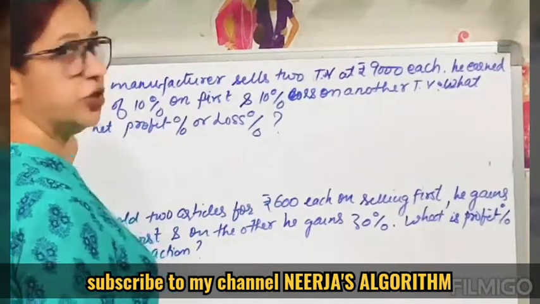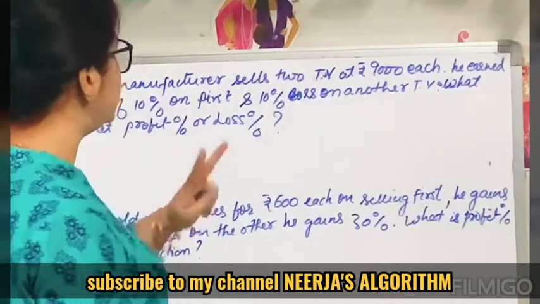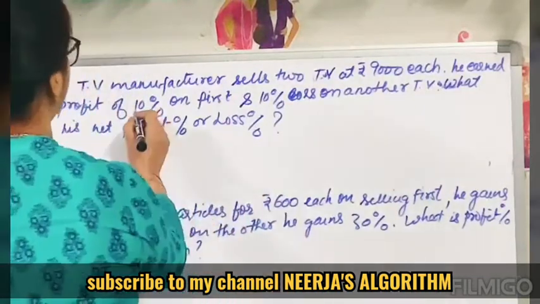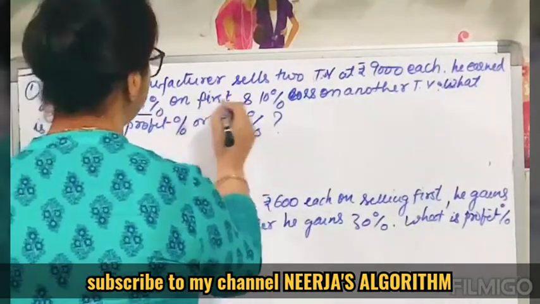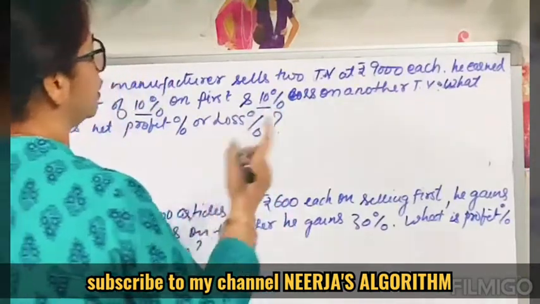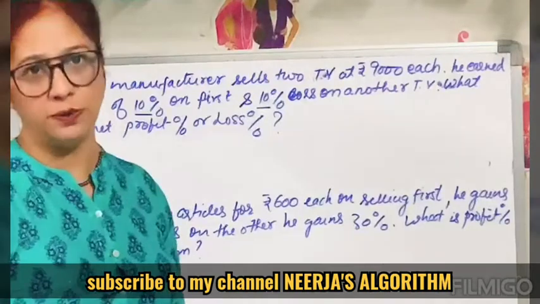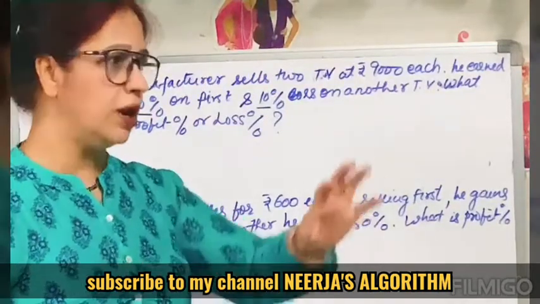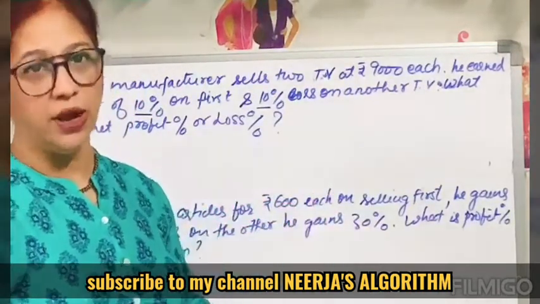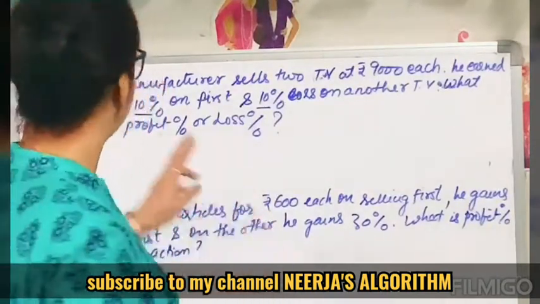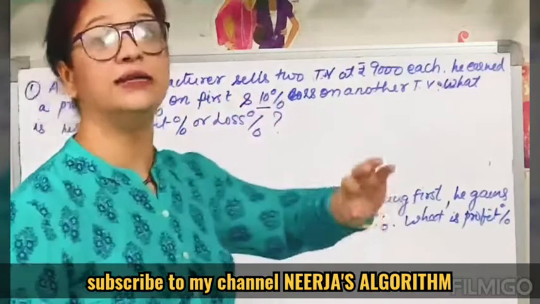Now the next question is, a TV manufacturer sells two TVs at rupees 9,000 each and he earned a profit of 10% on the first and 10% loss on the other TV. What is his net profit or loss percent? I know that all of you know the procedure, but I am telling you the short tricks. First of all, we need to see that the profit and the loss are the same.